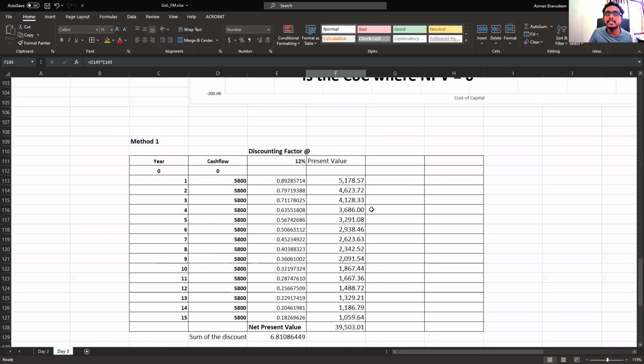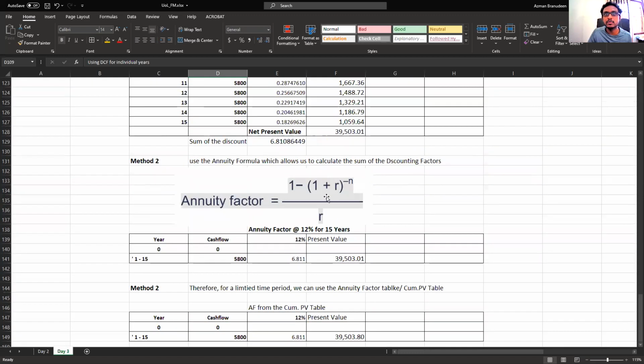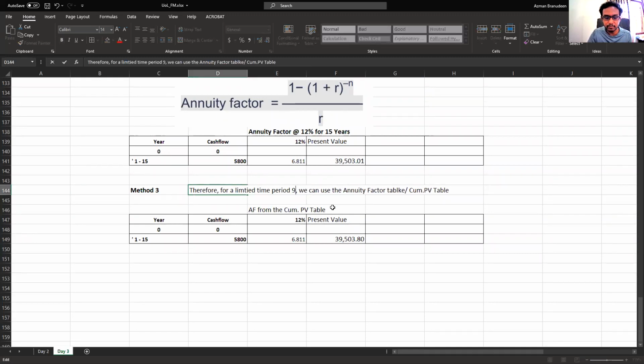You can either choose the longer route of using DCF for individual years, but ideally we bring that down to method 2, which is directly using the annuity factor equation. Here I have used the equation. You can check the equation application here on Excel, or you can use the third method directly, but this is only limited to a limited time period, as in N equals 1 to 20.